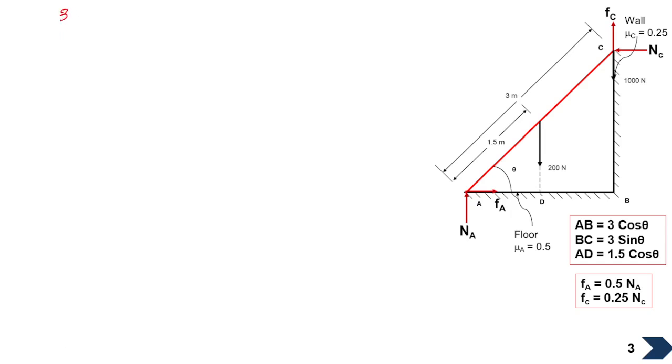The first condition of equilibrium is sigma Fx equals 0. We'll assume the sign convention that forces acting to the right are positive, and forces acting to the left are negative. Here FA is acting in the positive direction and NC is acting in the negative direction. So we have FA minus NC equals 0.